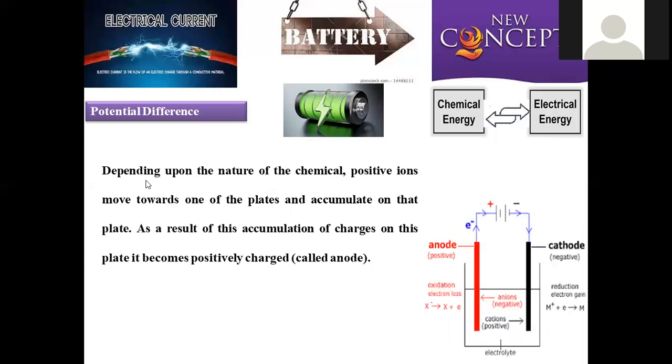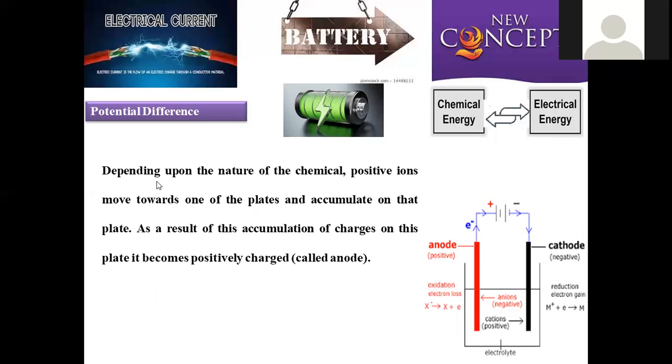Now, depending on the nature of the chemical, positive ions move towards one of the plates and accumulate on the plate. As a result, the accumulation of charges makes the plate positively charged, called the anode. So here, the chemical force gives the direction for the ions to move, so that ions go towards one of the electrodes and get deposited on it.